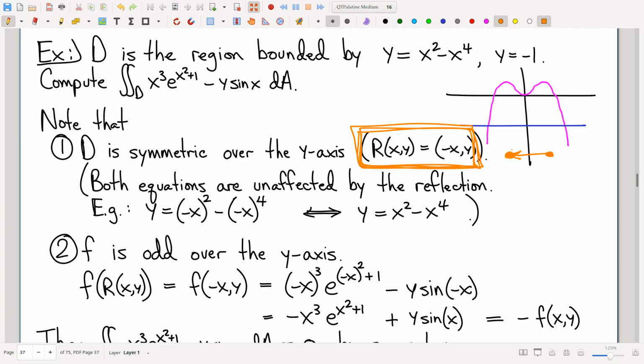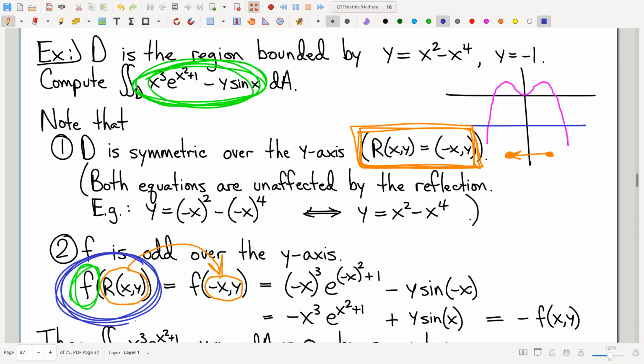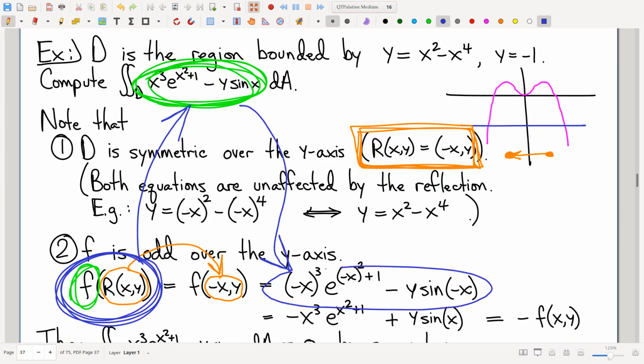And this formula for the reflection is going to come up when you check for oddness. Now, odd, you remember you have to reflect the input. There I'm reflecting the input. I'm going to plug that into my function f. If you plug in that reflection, you get that. You've got to think about the details here.